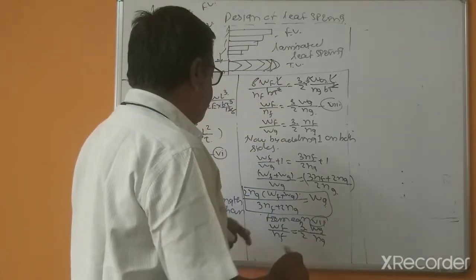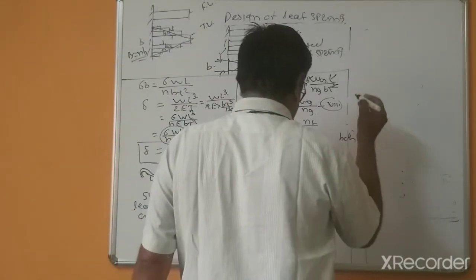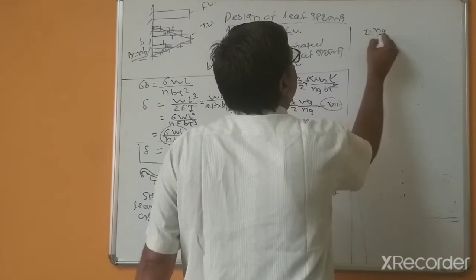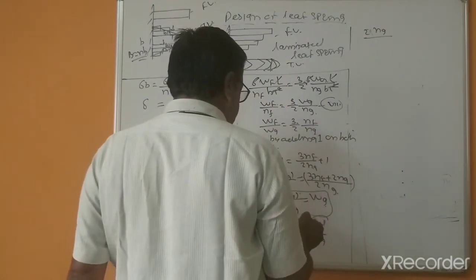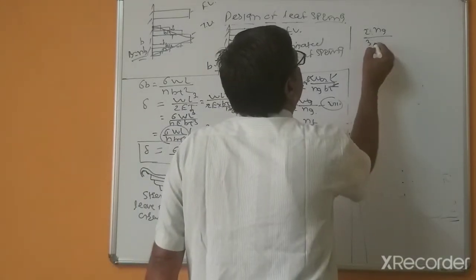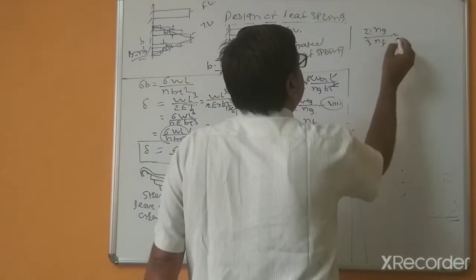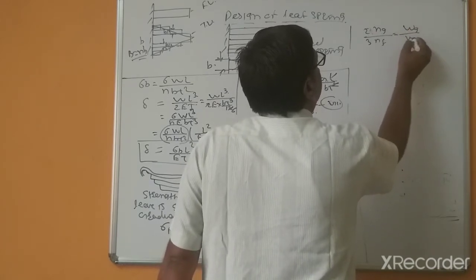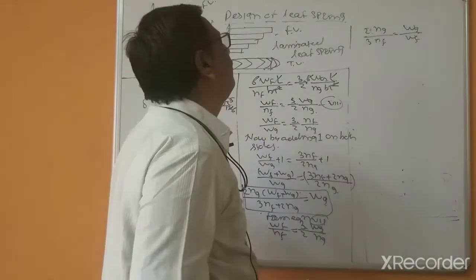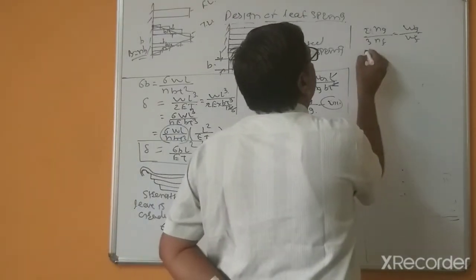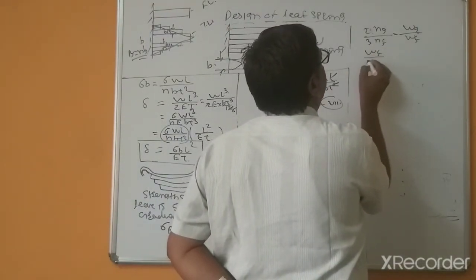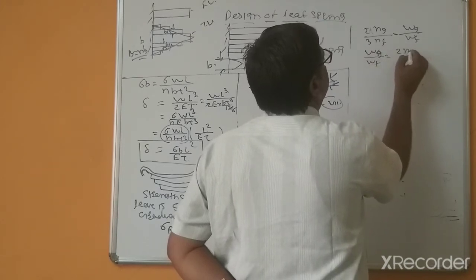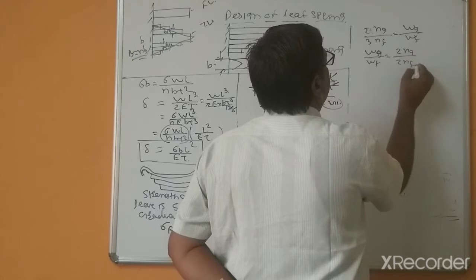Now cross multiplication: WG divided by WF equals 2NG divided by 3NF.